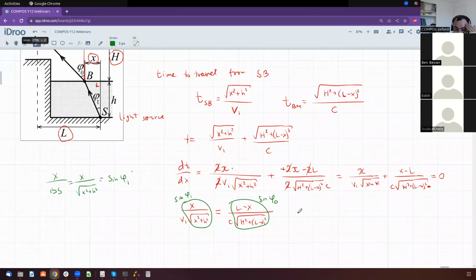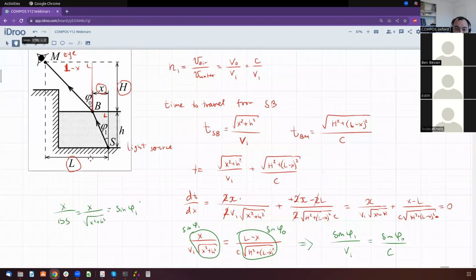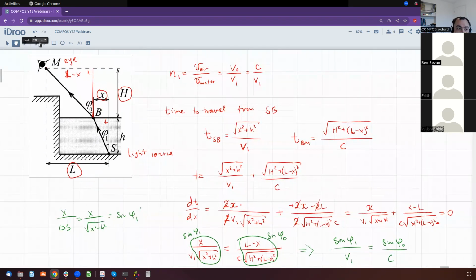So we are left with sine phi 1 divided by v1 equal to sine phi 0 divided by c. And we remember that c over v1 is n1. So from here, we can say that v1 is c divided by n1.